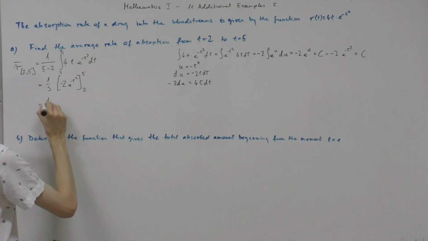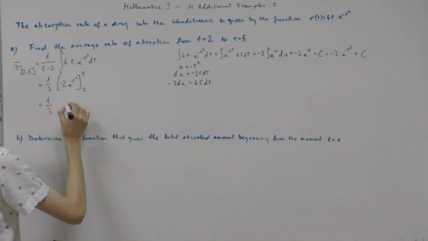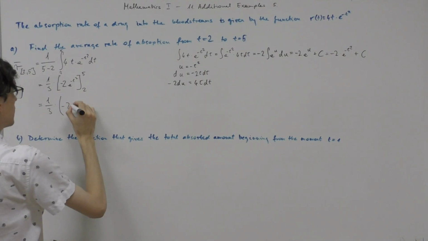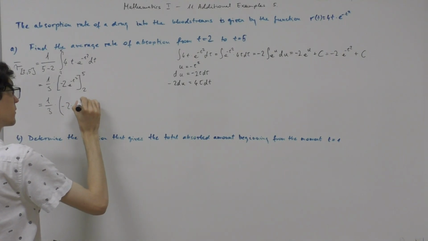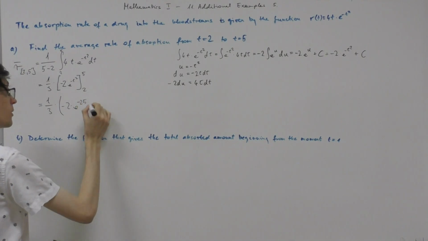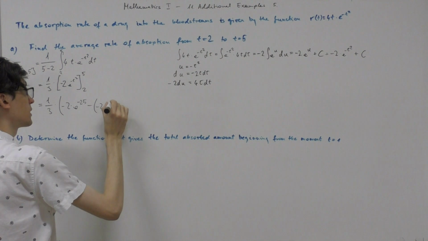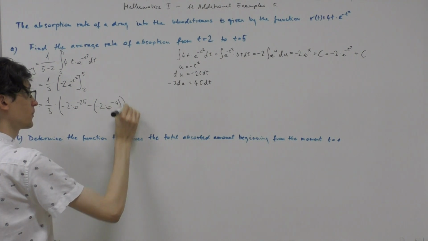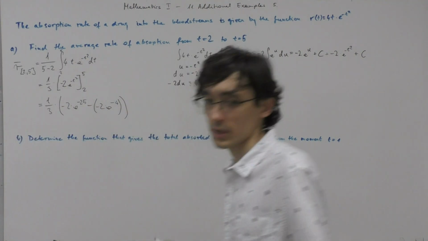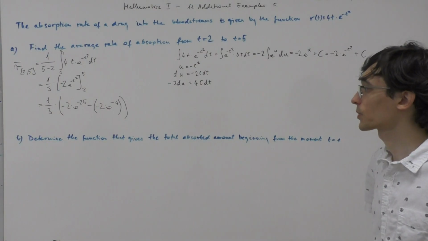So this gives us 1 over 3 times negative 2 times e to the negative 25 minus negative 2 times e to the negative 4. Now we are done with part A.